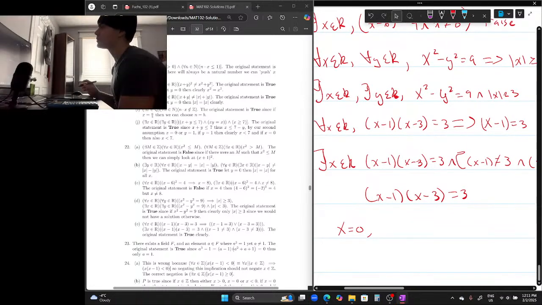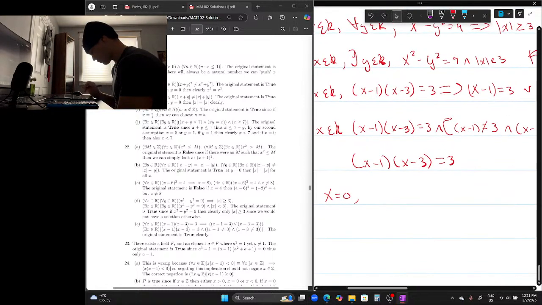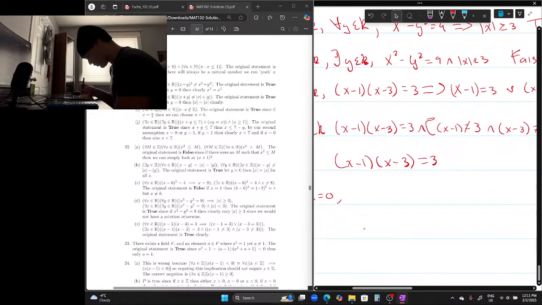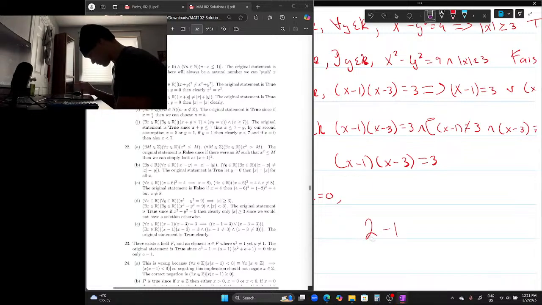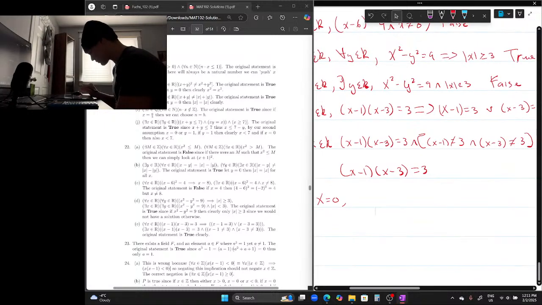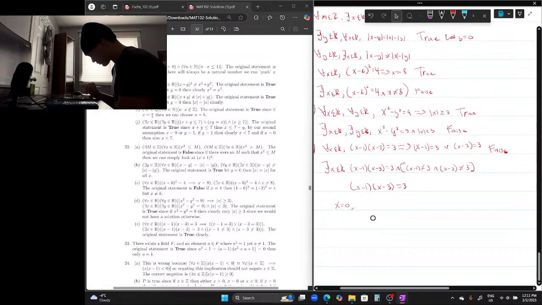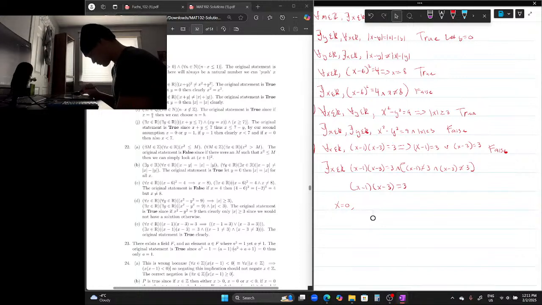X equals 0. 2, like if this is 2, then this is... I swear there's no other number that makes this equal to 0. X minus 1 is equal to 3, so x equal to 4. 4 minus 1. Oh shoot, I'm stupid. 3 times 1. Yes, that also works.